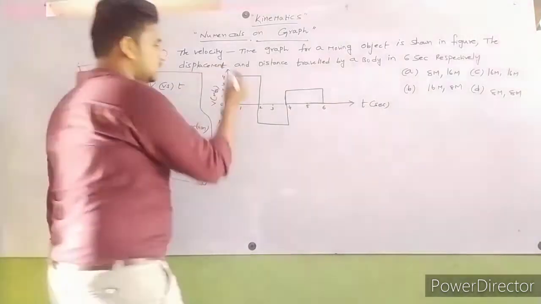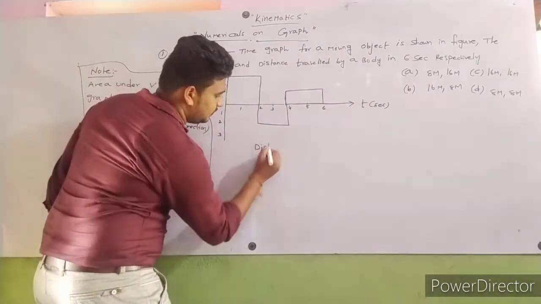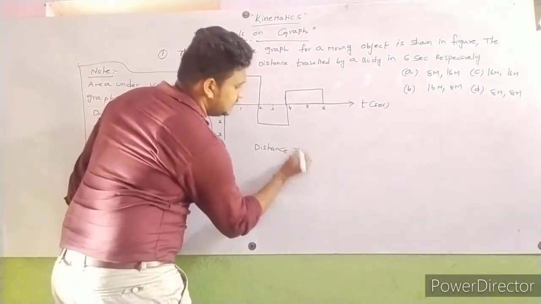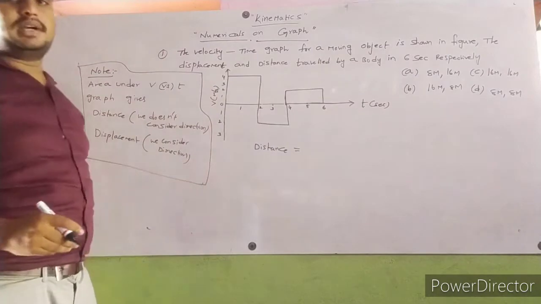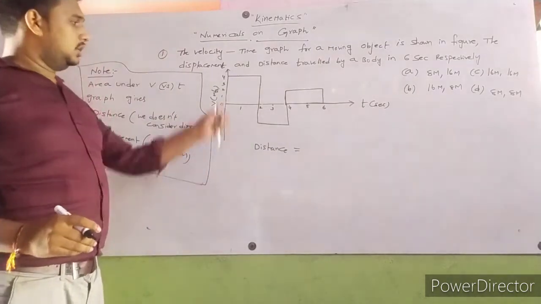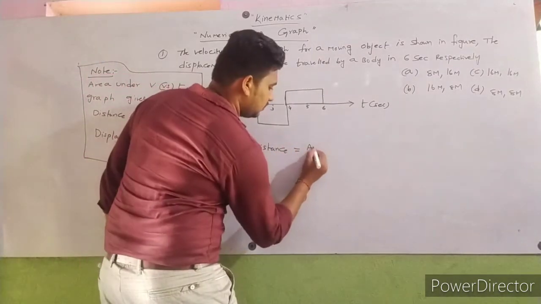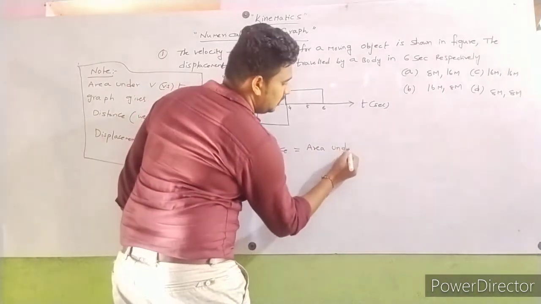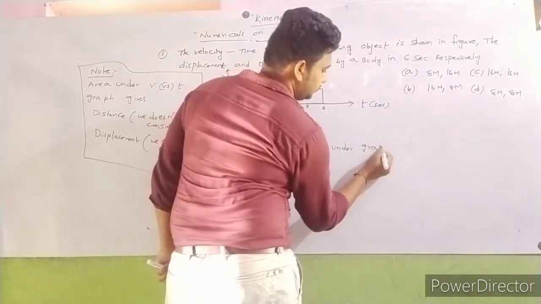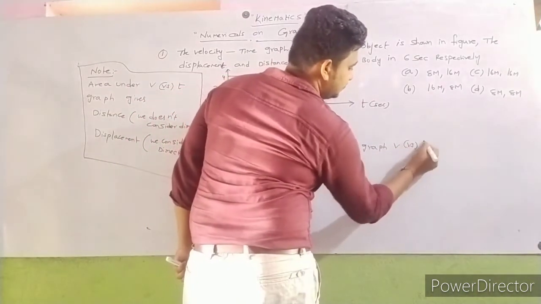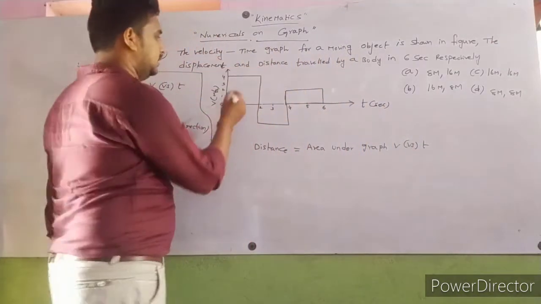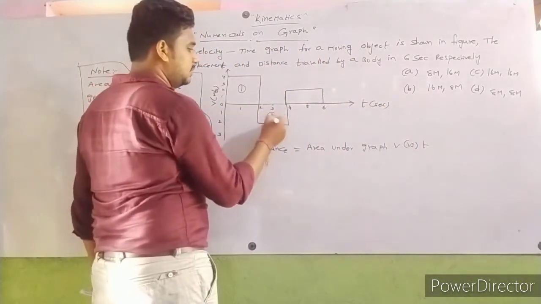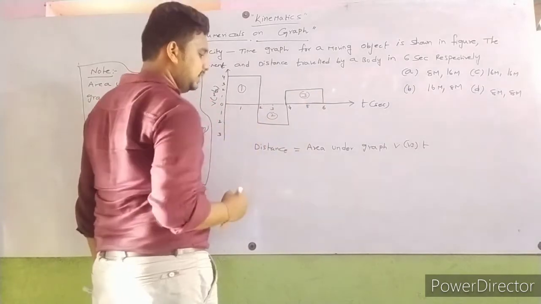So first of all, distance. In this problem, distance is equal to the area under graph V versus T. Here this is taken as part 1, this as part 2, this as part 3.